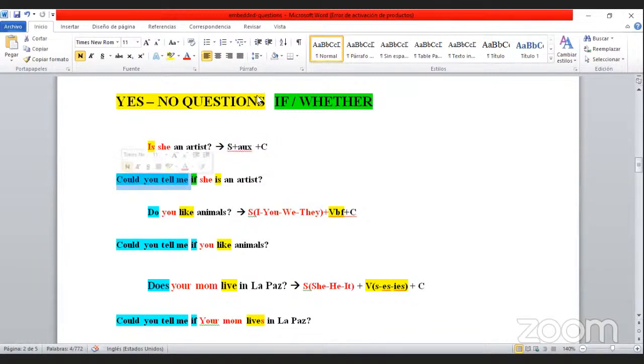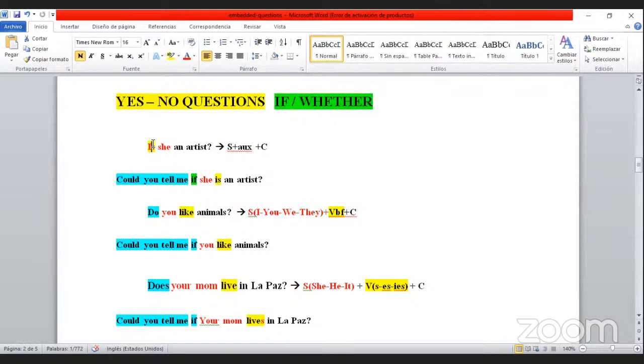But after my embedded question, I have to put if or whether. These both mean the same. Okay, these both mean sí. So I could put if or I could put whether. Both are similar. Okay? Great.